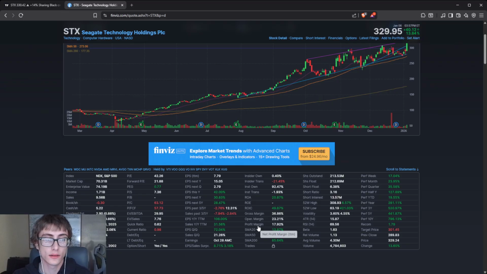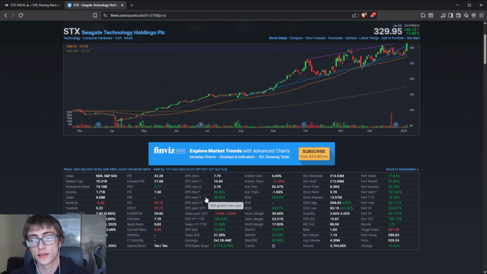The next thing we're going to want to look at is the annual earnings per share. You're going to look at the estimate for the next year. You want to see that the next year's estimate, which is where my cursor is now, is preferably 15% plus growth.